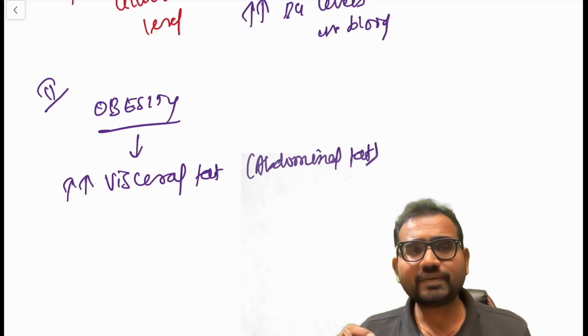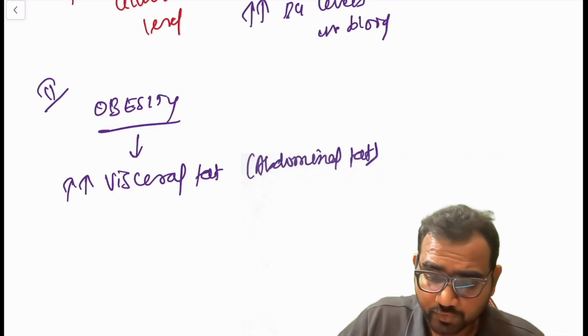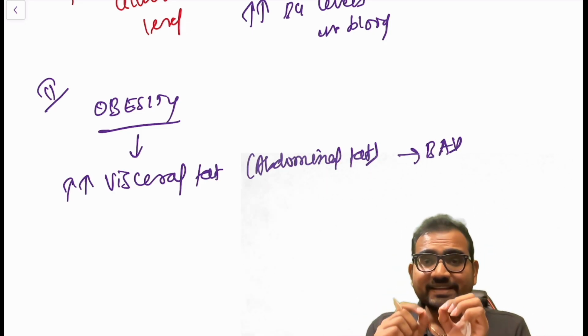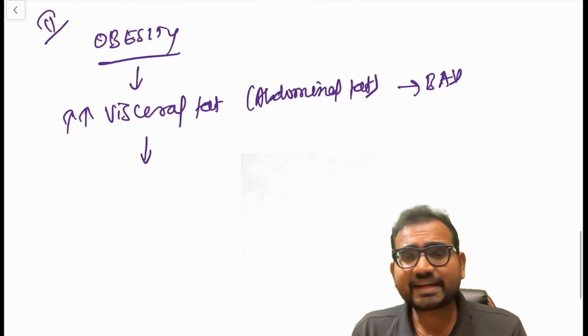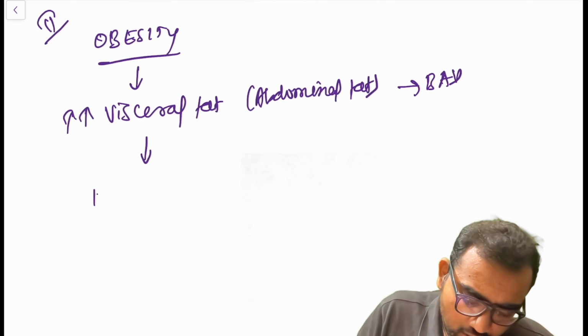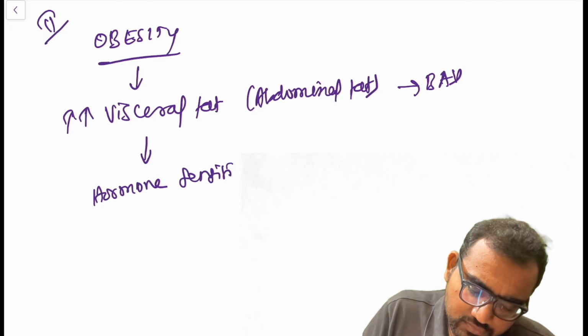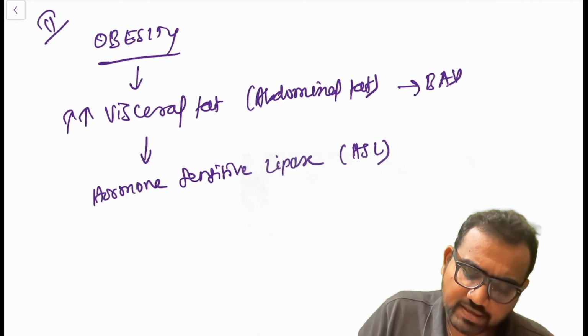Whenever there is visceral fat or abdominal fat, it is very, very bad for the body. Why? Because the visceral fat will secrete an enzyme called hormone sensitive lipase, HSL.